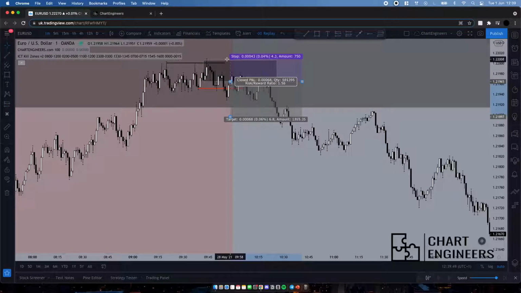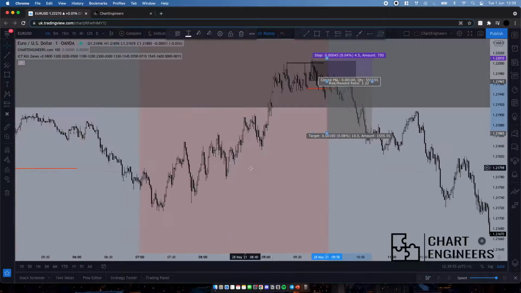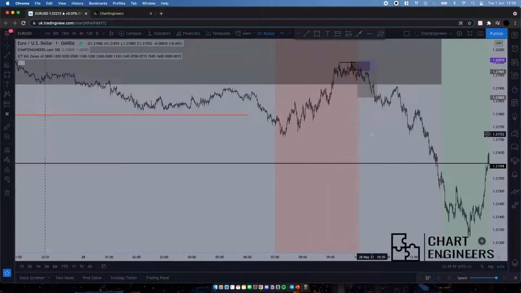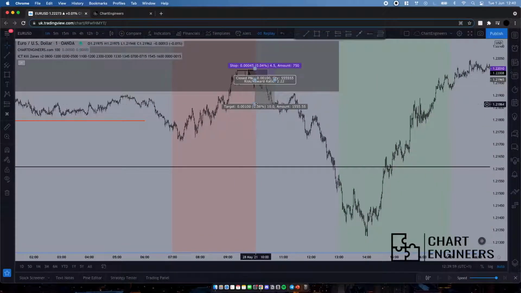So 4.2, just round it up to 4.5. And this one, my TP was 2.2R because there was a lot of 2R trades this week, but TP at the daily low would have been 7.9, and your 3.2 would have been hit as well. But yeah, 2.2 is enough because of all the swerves.